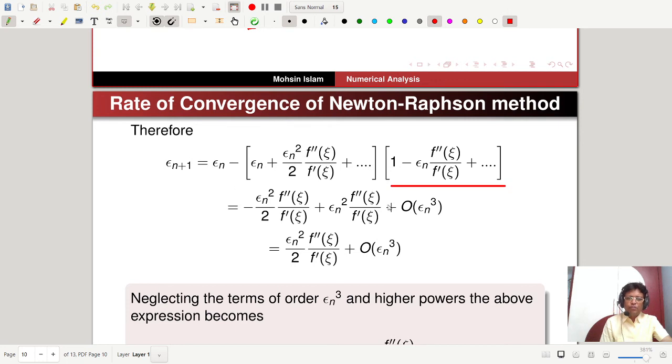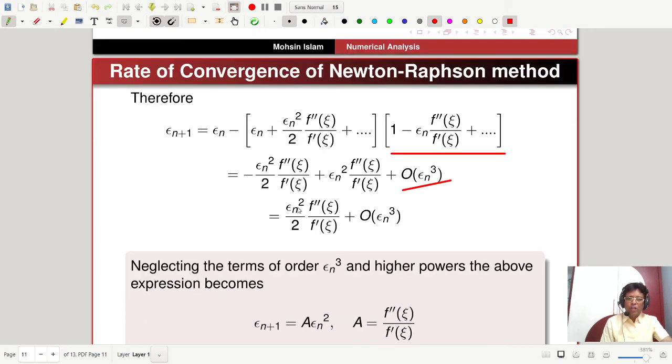Finally, if you do the calculation, the higher order term epsilon n cubed is neglected, and you have epsilon n squared minus epsilon n squared by 2 times f''(xi) by f'(xi) plus epsilon n squared f''(xi) by f'(xi).